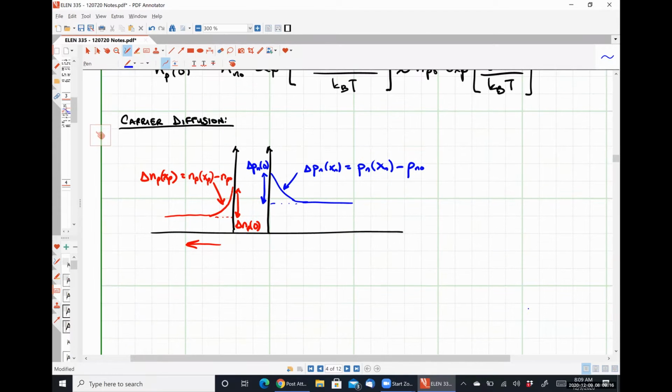So I'm going to rigorously define our carrier concentrations here.